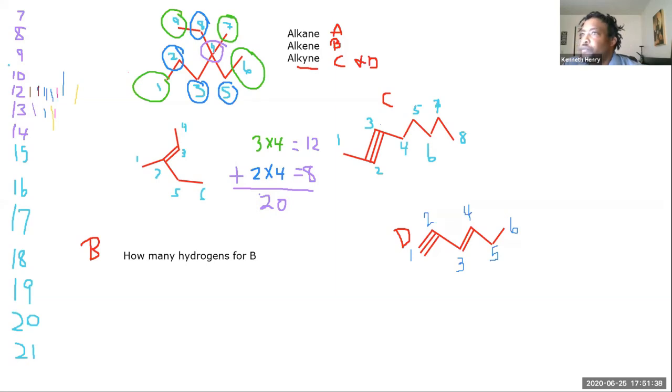We'll start with purple. Carbon 1, 4, and 6 are all going to have 3 hydrogens, so 3 times 3.